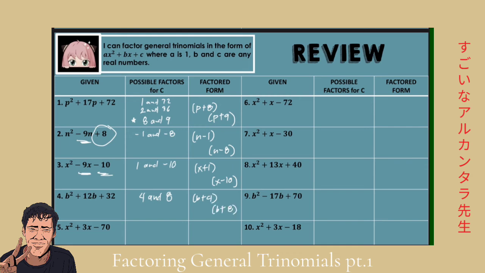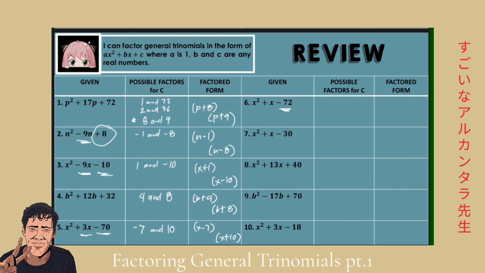Now if you look at this, negative 70 is the last term and the middle term is positive. So basically the higher number should be positive. So we can have negative 7 and positive 10. So the answer here is x minus 7 and x plus 10. To continue, now you have your last term as negative.